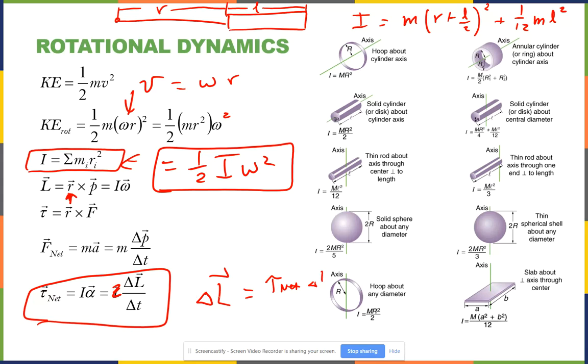There's no I there. That's a mistake on my part that's pretty brutal. Net torque is equal to change in angular momentum over change in time. I am sorry about that, I wrote it down not thinking. So change in angular momentum is net torque multiplied by change in time.